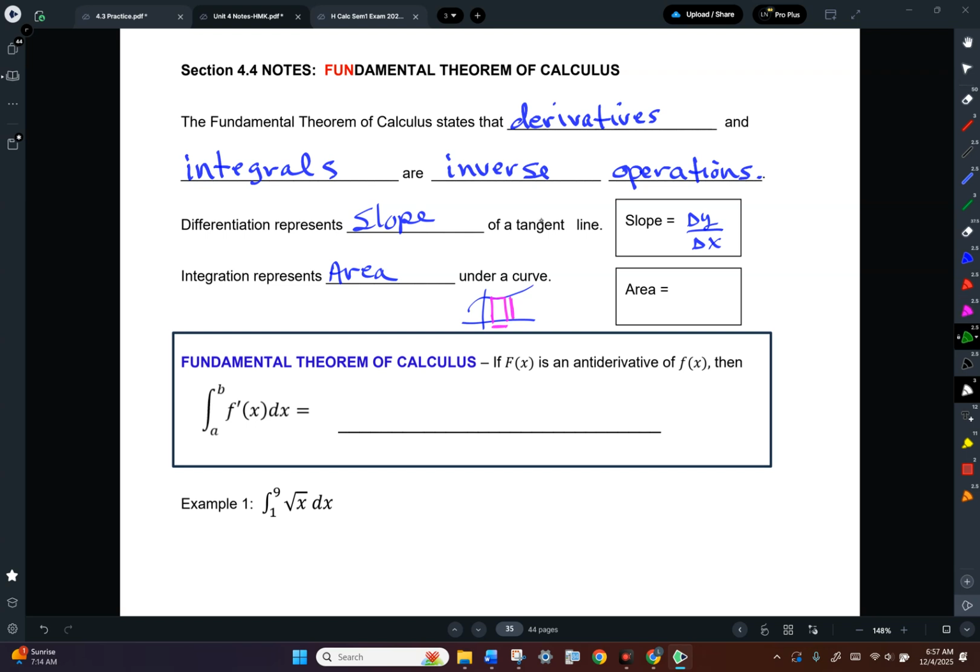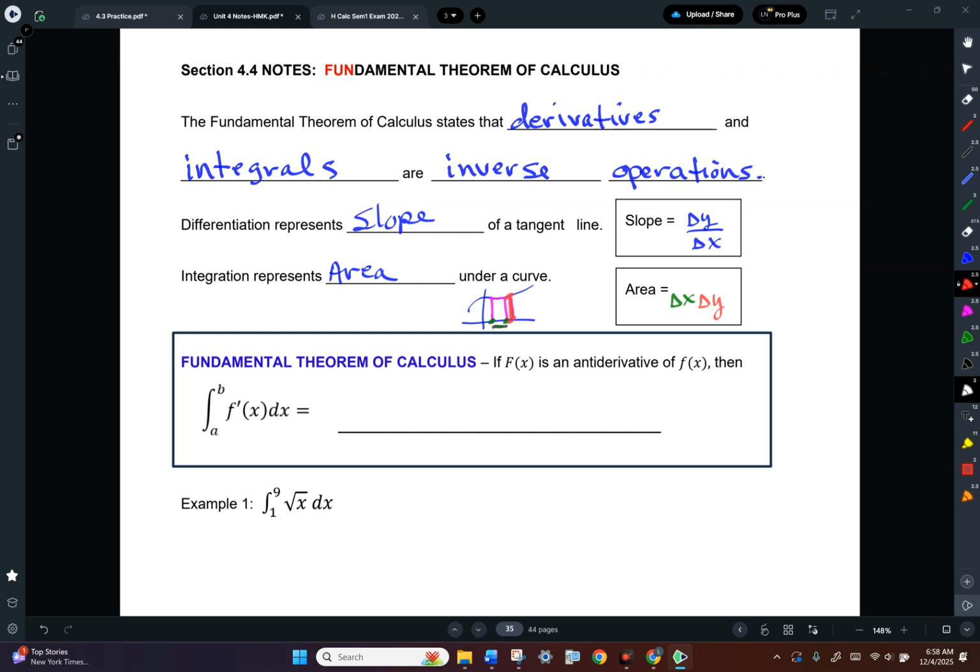Well, would you agree that the base right here is the difference in this x value and this x value, right? So wouldn't that be like saying the change in x? And the height, which is this distance, would be like this y value minus this y value. Well, wouldn't that be the change in y? So to find the area of a rectangle, you're doing the change in x, which is the base, times the change in y, which is the height.